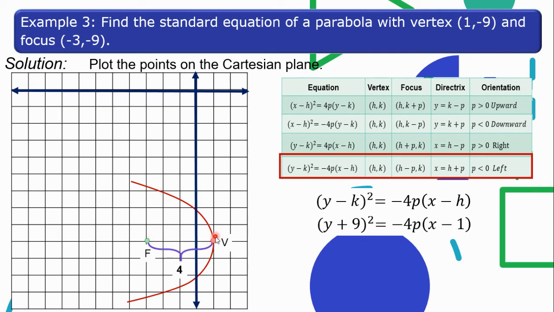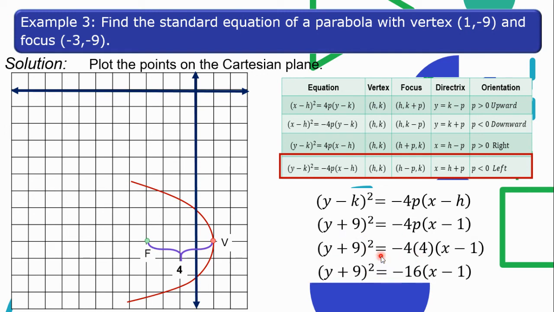So obviously, we can easily see it. You just count here, 4 units away from the vertex to the focus. Therefore, our p is equal to 4. Just substitute that. And there you have it, your equation for this vertex and focus: the quantity of y plus 9 squared is equal to negative 16 times the quantity of x minus 1. Did you get it? It is simple.